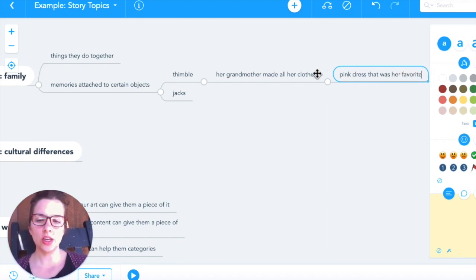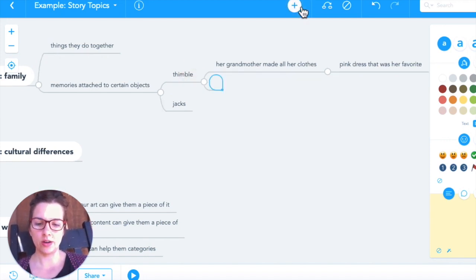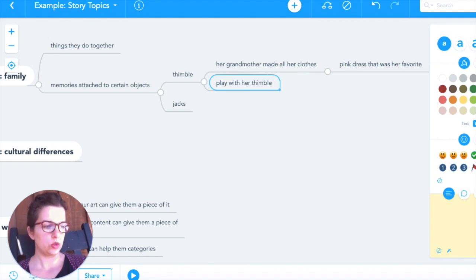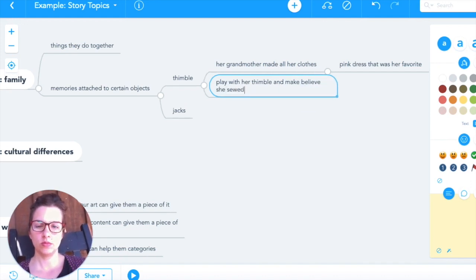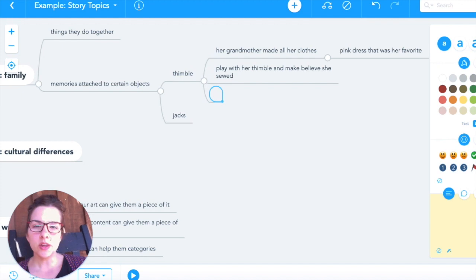And then she feels inspired, so she also wants to talk about how she used to play with her thimble and make believe she sewed. And then something else strikes, and she remembers how she used to use the thimble at tea parties.